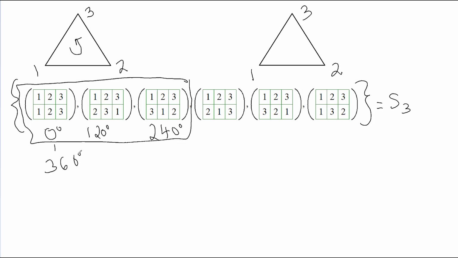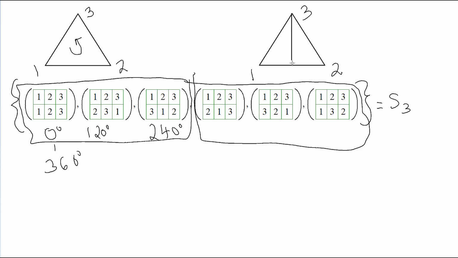It will be all the same. And these all here give us the reflections. For example, this element here, if we keep 3 fixed, this will reflect the figure through that vertical line.